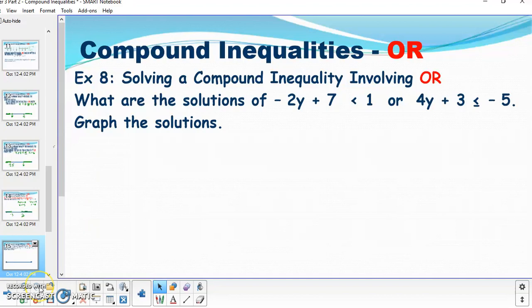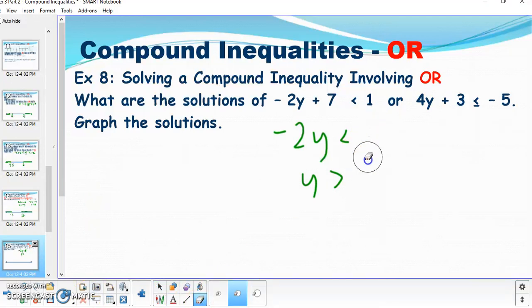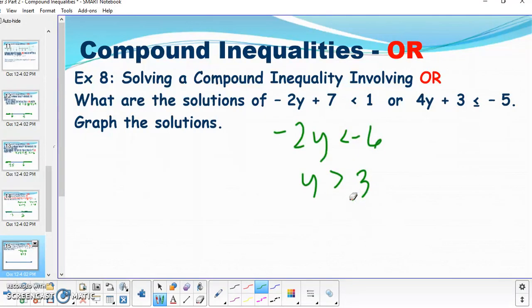Here's another one we can try. Get these again in your notebook. Add 7 to both sides, and I get -2y is less than 8. Divide by -2, so the sign flips. Oh no, I did that wrong. Sorry, let's back up. If I subtract 7 on both sides, I get -6, right? Yep. Divide by -2, and the sign flips, and I get y is greater than 3.